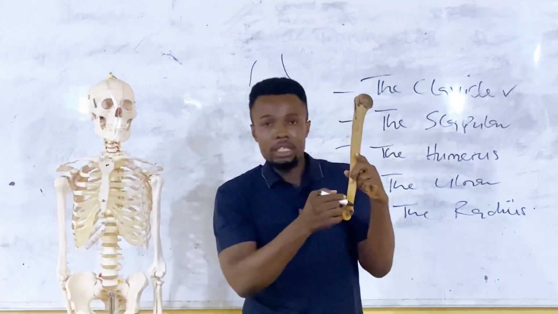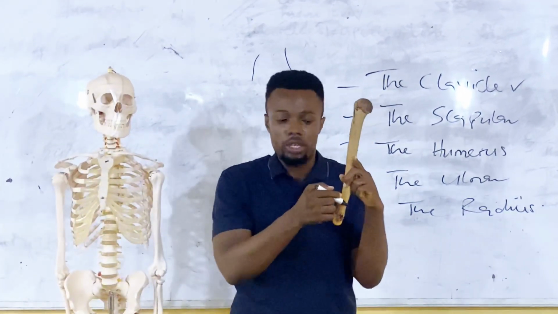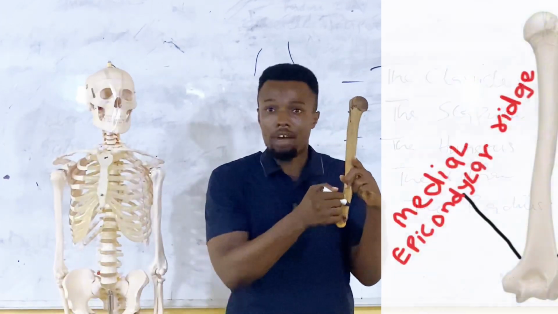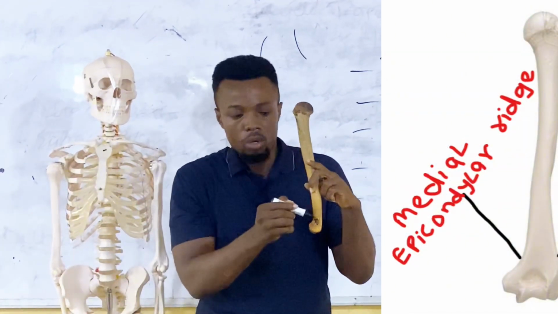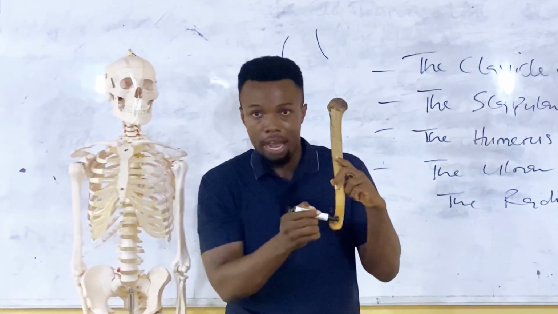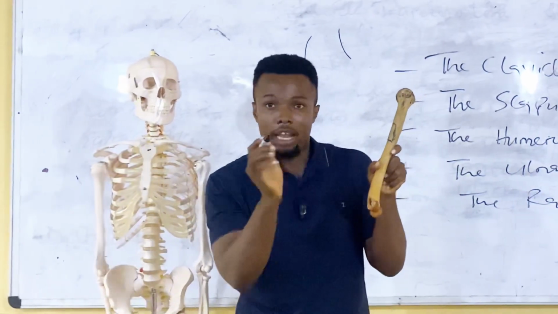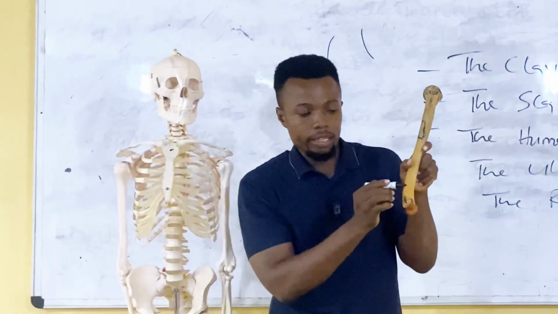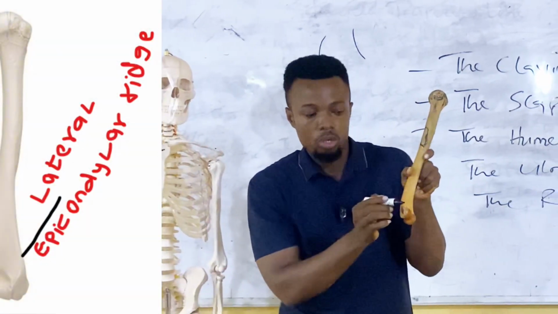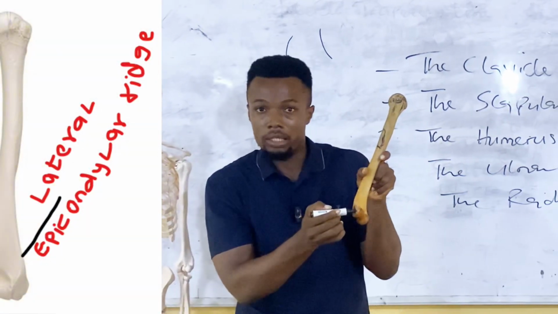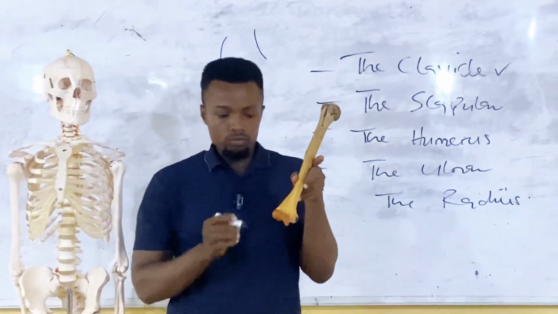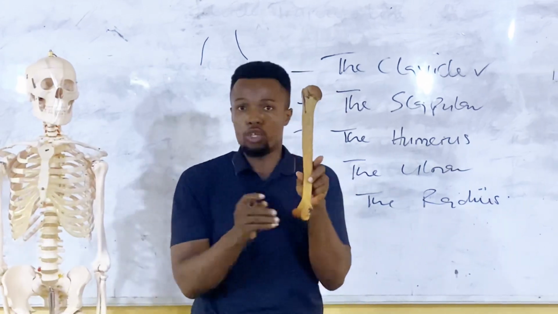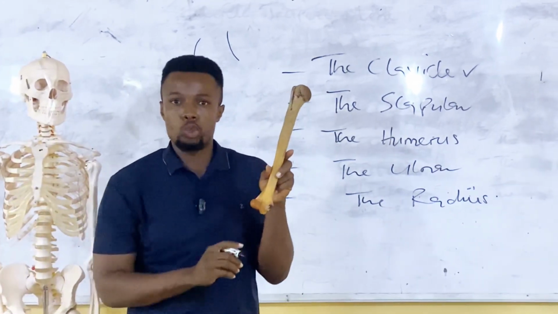The one on the medial side is referred to as the medial epicondylar ridge, while this is the medial epicondyle. Coming to the lateral aspect, this is the lateral epicondylar ridge, while this is referred to as the lateral epicondyle. If we've seen these important features, then let's move to the next one.